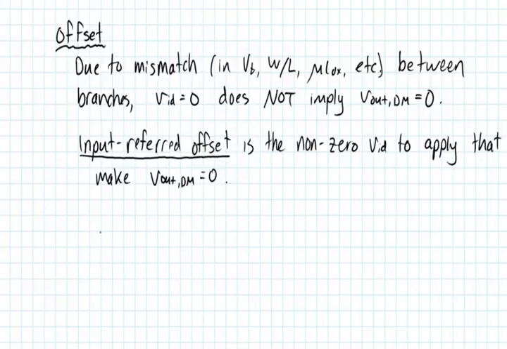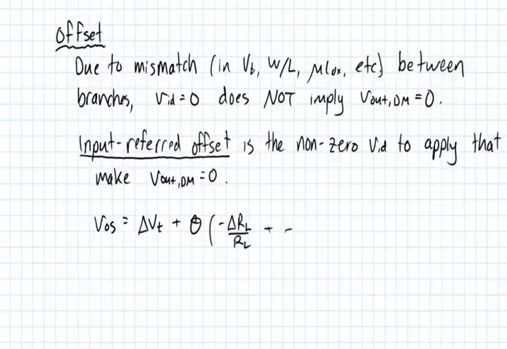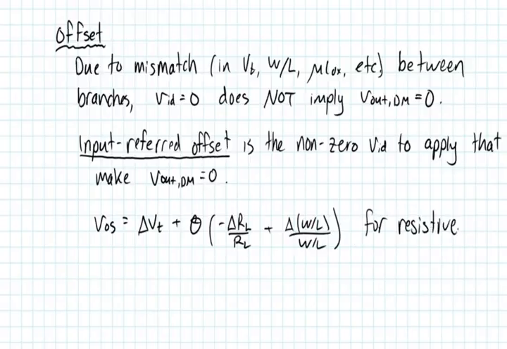Now, for resistively loaded op amps, we can say that the input referred offset voltage is roughly proportional, this is just a first order approximation, to delta VT times theta times minus delta RL over RL plus delta W over L over W over L for resistive op amps.